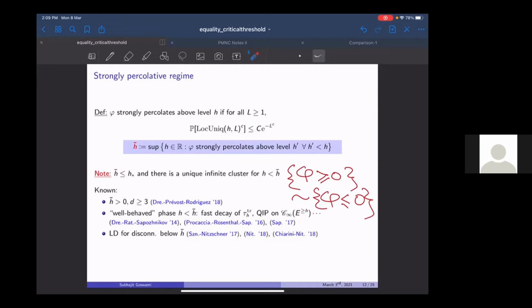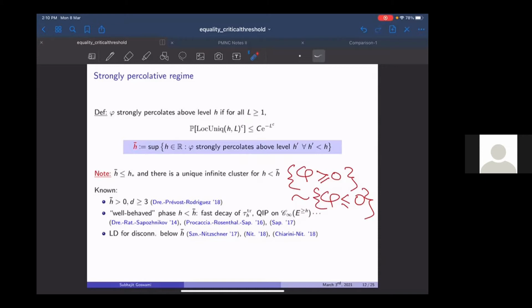And then you have the usual suspects, but very interesting results, which say that assuming that you're below h bar, your percolation clusters, the infinite clusters, are kind of well behaved. You can check very easily that the truncated two-point correlation function, which I described to you last time, where the two points are connected through a finite cluster, has exponential decay.